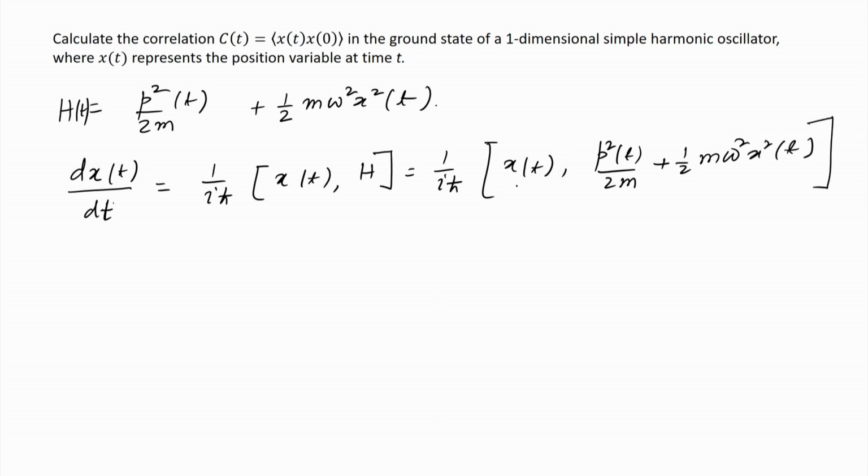Now, x at all t will commute with x squared, but x and p will not commute. So, we need to only see the commutation between these.